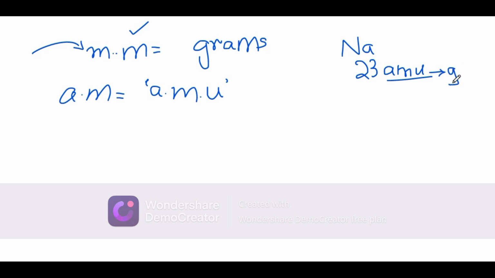Okay. Now, if I talk about how to find a volume in any condition, that is at standard temperature and pressure, known as STP. Now, how to solve any equation or any value at STP?